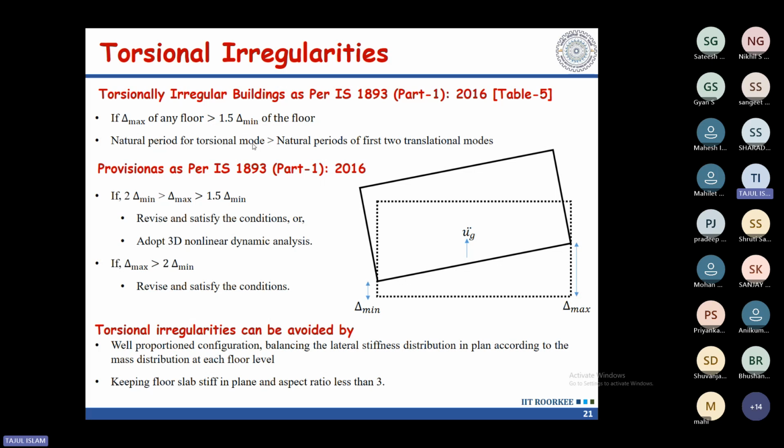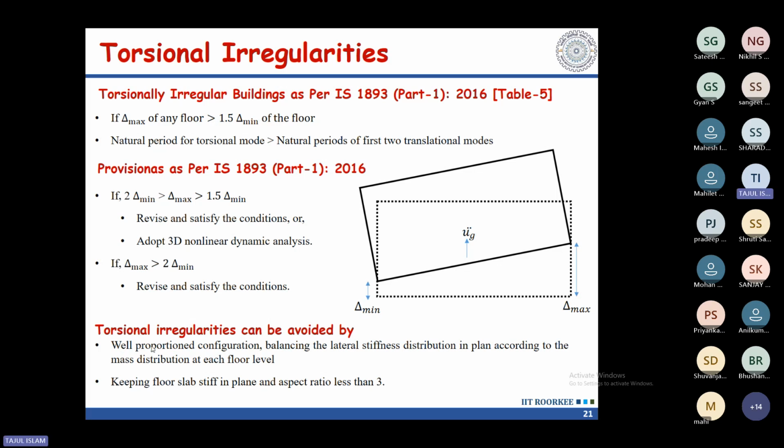But as I said, it doesn't mean there is no torsion if this is the condition. Let's say delta max is less than 1.5 into delta mean. So there will be torsion. Now, if you are interested in avoiding torsion, what you can do from the modeling point of view, that is the objective of further discussion.